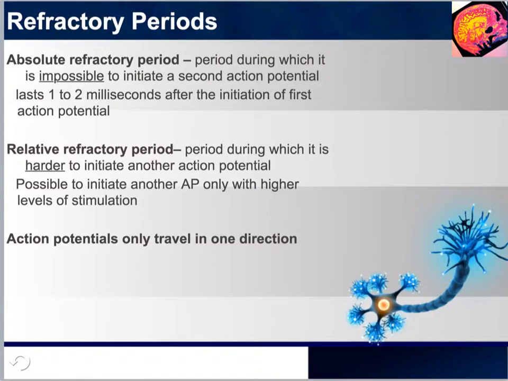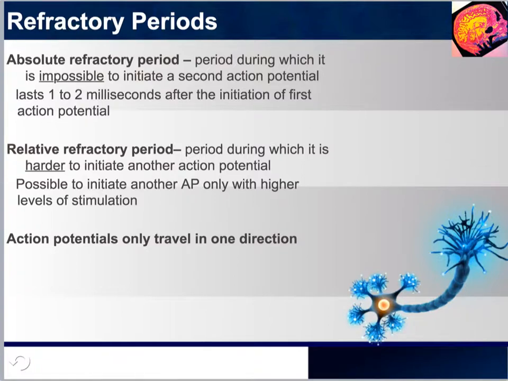After the neuron fired, the neurons go through refractory periods. And refractory periods are basically those during which it is impossible to initiate another action potential, or where it is just simply more difficult to initiate another action potential. The absolute refractory period is the period during which it is impossible to initiate an action potential.